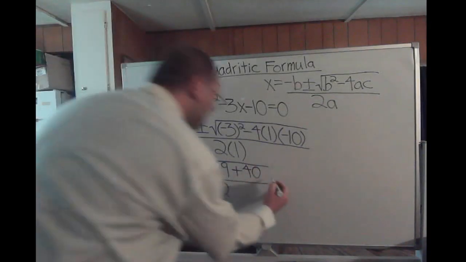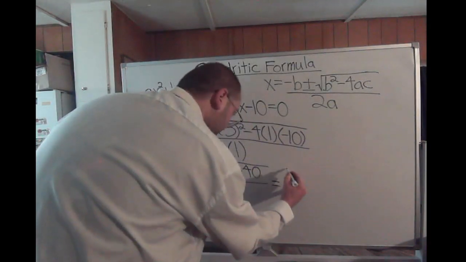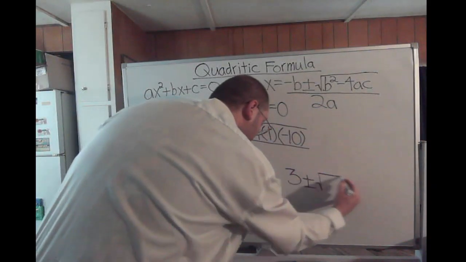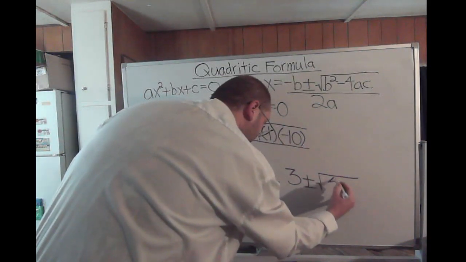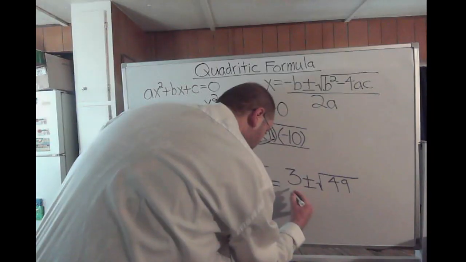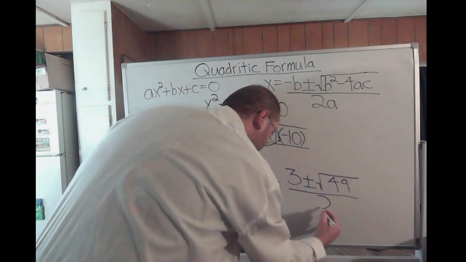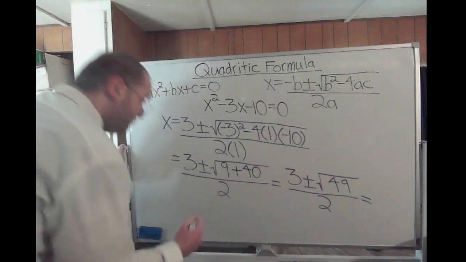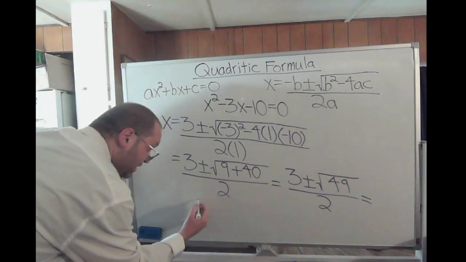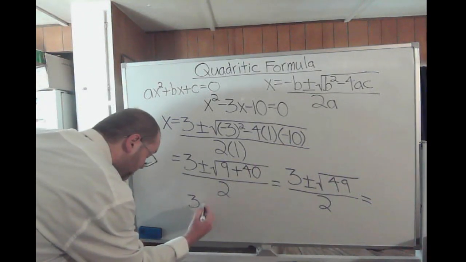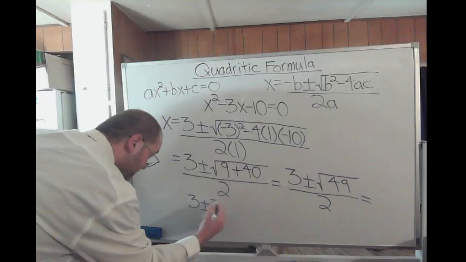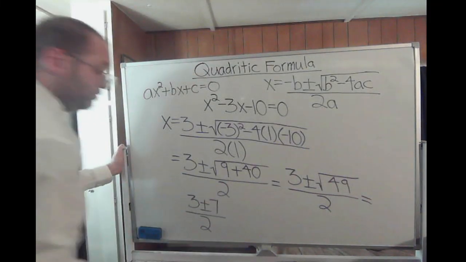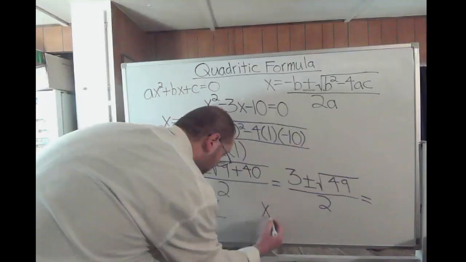Alright, so now this will translate into 3 plus and minus the square root of 49 all over 2. Which we know the square root of 49 is 7, so this will become 3 plus and minus 7 all over 2. And we have two roots, right? Because you have plus and minus.